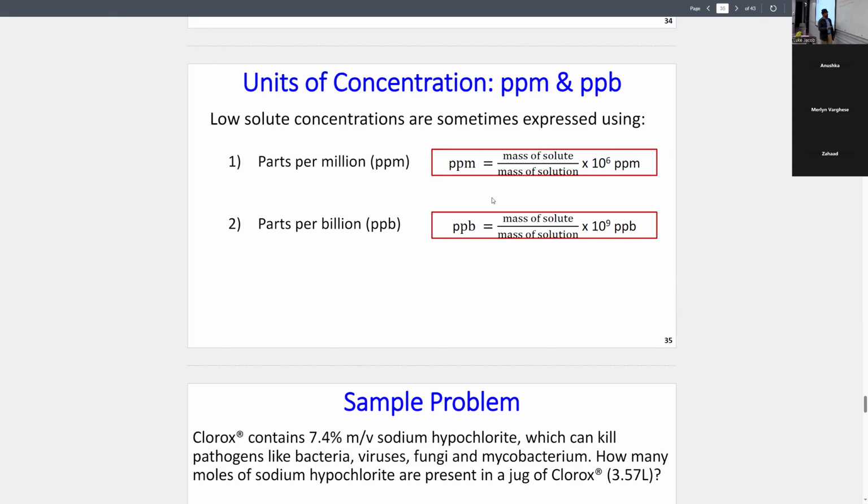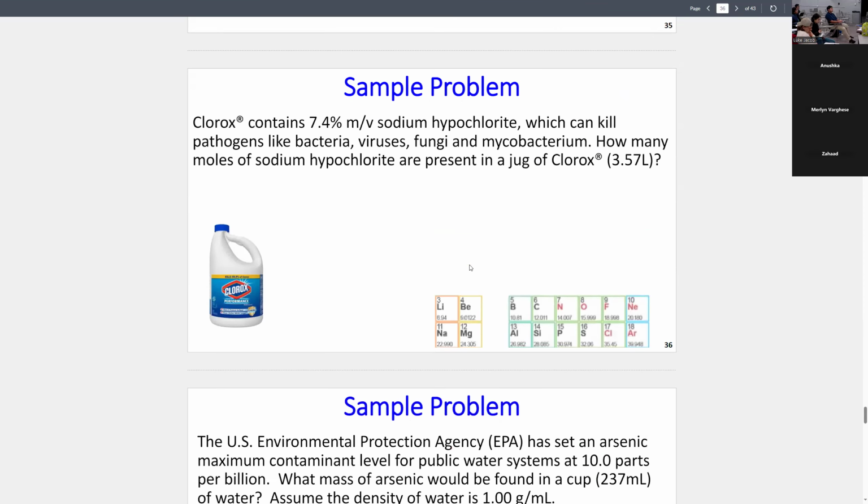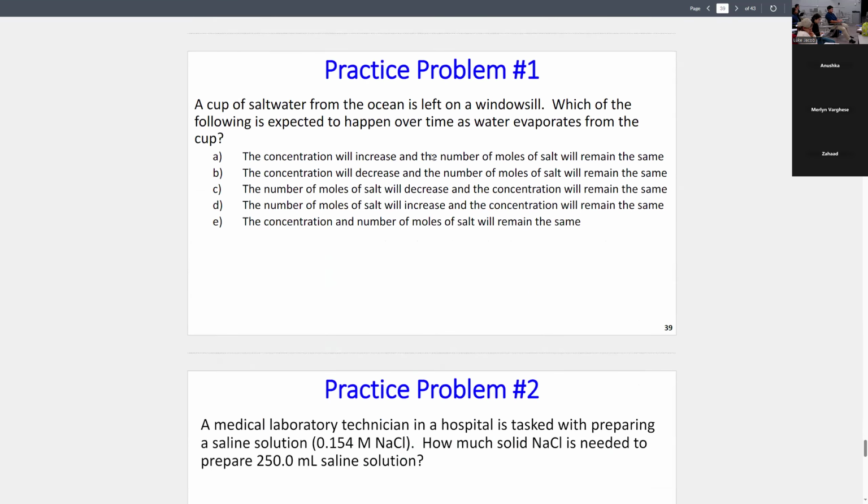Another way of saying it is grams per billion grams, which is what this is. It's the mass of whatever, right? So it's a way to do dimensional analysis, just a way to understand it better, or you just memorize these formulas. You can do that with this problem if you want.